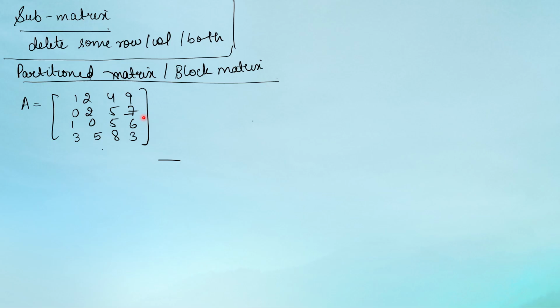I hope now it will be visible. So E, B, C, D. E is represented by a small 2 cross 2 matrix, that is 1, 2, 0, 2.